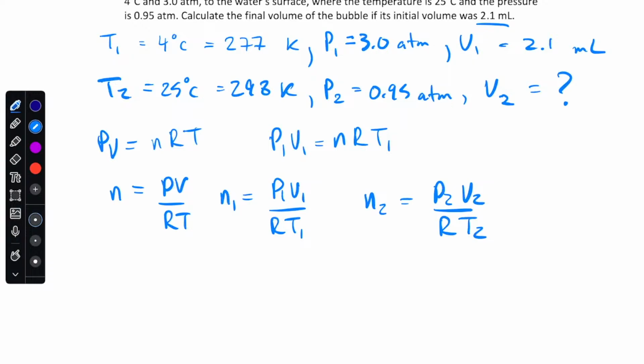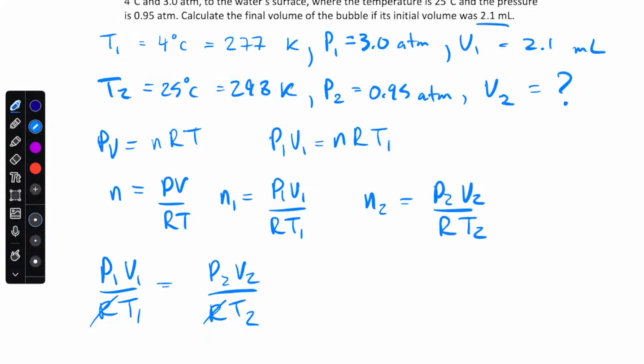And if n1 equals n2, we can say P1 V1 over RT1 equals P2 V2 over RT2. We can cancel the R's because they appear on both sides. And we now have this formula which relates the P, V and T before to the P, V and T after.